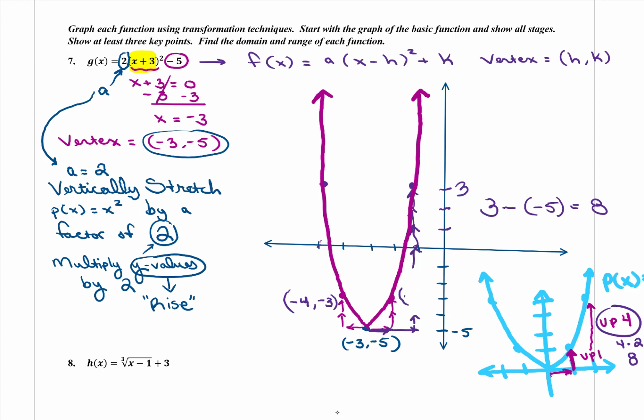So I would describe this parabola, once again, as being vertically stretched by a factor of 2. It's also being horizontally shifted 3 units to the left, and it's being vertically shifted 5 units down.